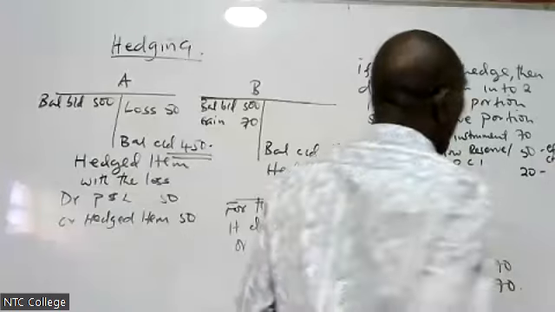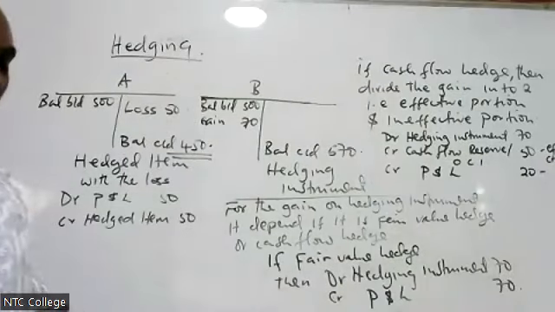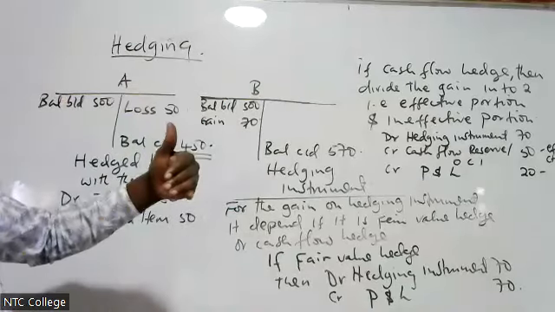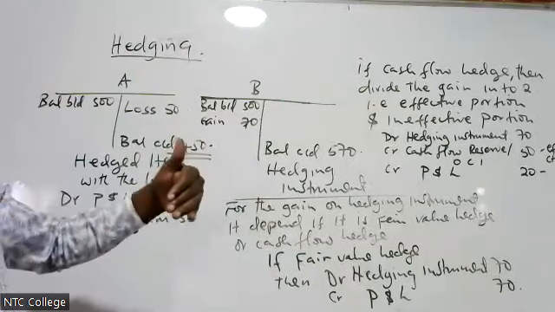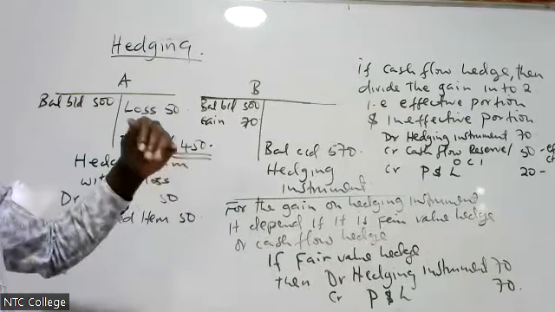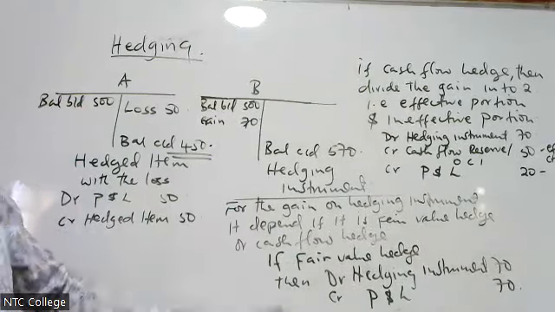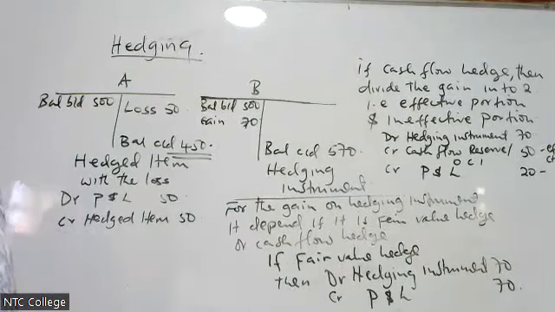This 20 we call the ineffective portion. If it is a cash flow hedge, we introduce what we call cash flow reserve, which will take the effective portion, and P and L will take the ineffective portion. But if it is a fair value hedge, the total amount goes to P and L.